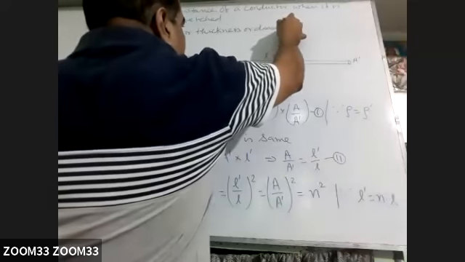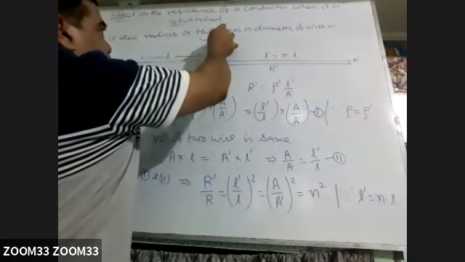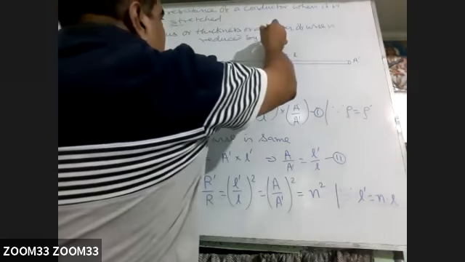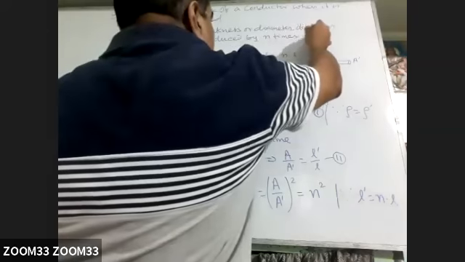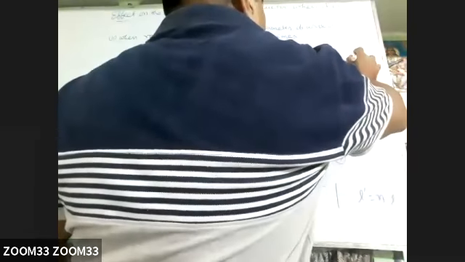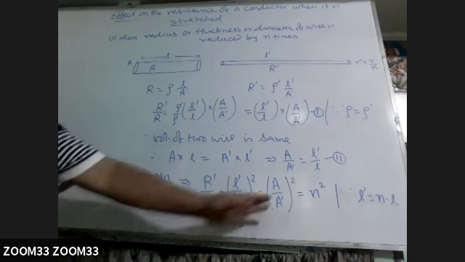In that case, the diameter or thickness or radius is given, r by n. Then we substitute the value of this.